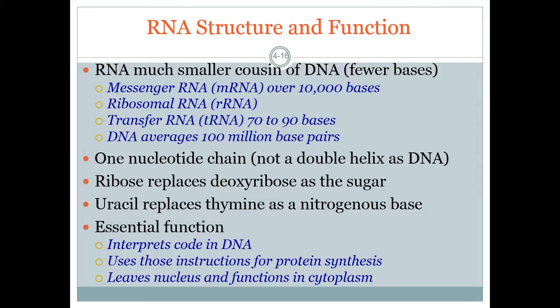Now, an RNA is much smaller than the DNA, ranging from 70 to 90 bases in the tRNA to over 10,000 bases in a large mRNA. The DNA averages more than 100 million base pairs. So we're looking at quantity here. Now we're going to look at the structure.